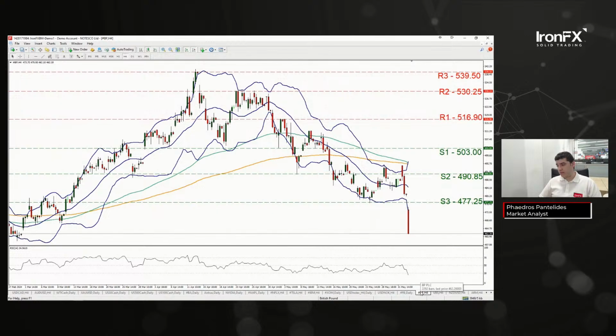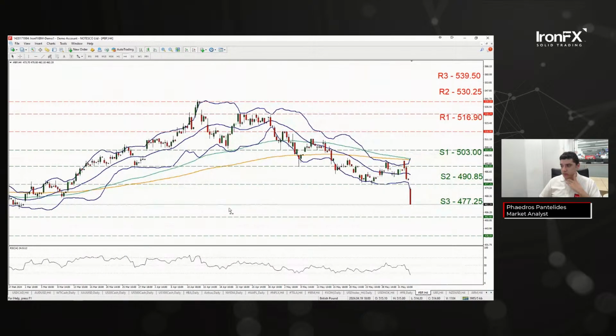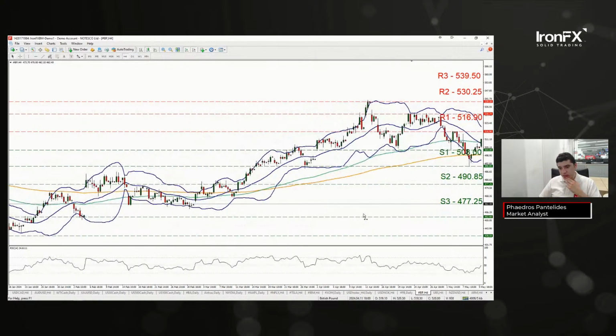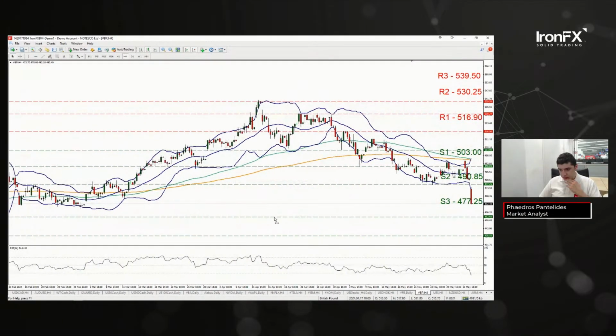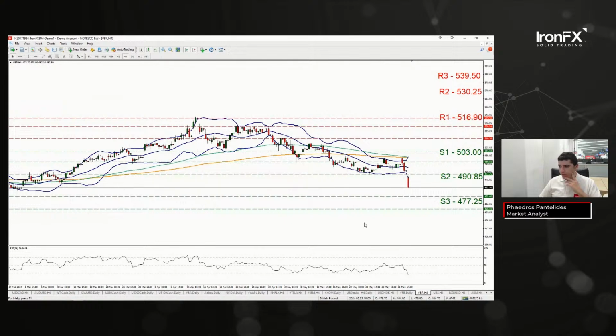Oh, bearish outlook, clearly. RSI is at 24. Strong bearish market sentiment, aiming for 452.60 perhaps. Bearish outlook for BP.